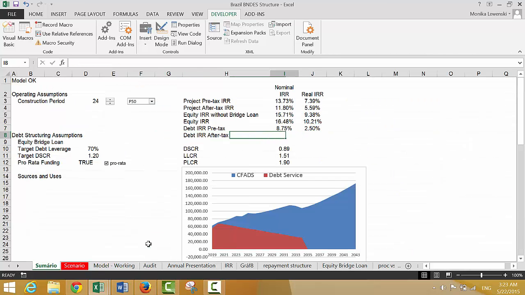And then we're going to get the after-tax real IRR next, and then we'll be finally, no we won't, but we'll be finished with this little IRR section.